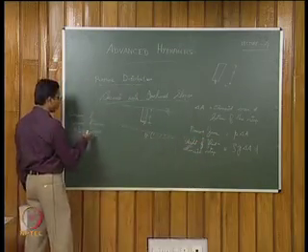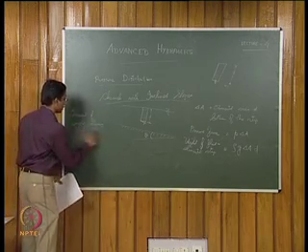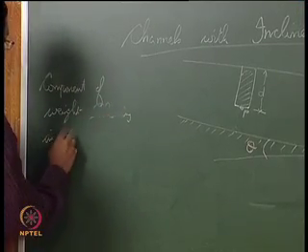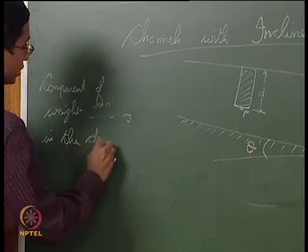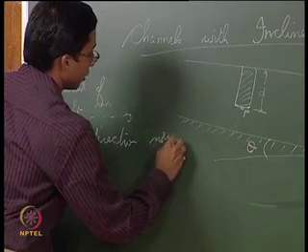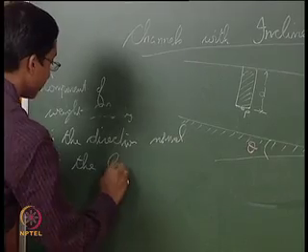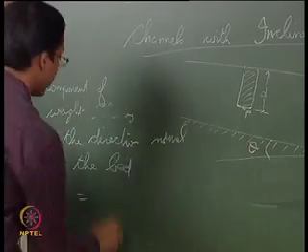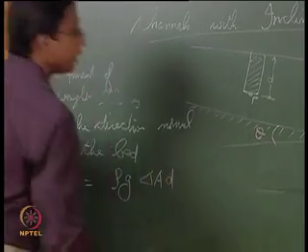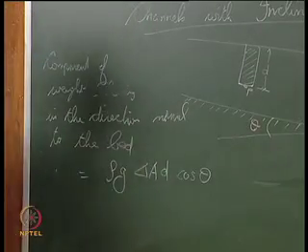Now, the component of weight in the direction normal to the bed is rho g del A D, you know that, into cos theta.